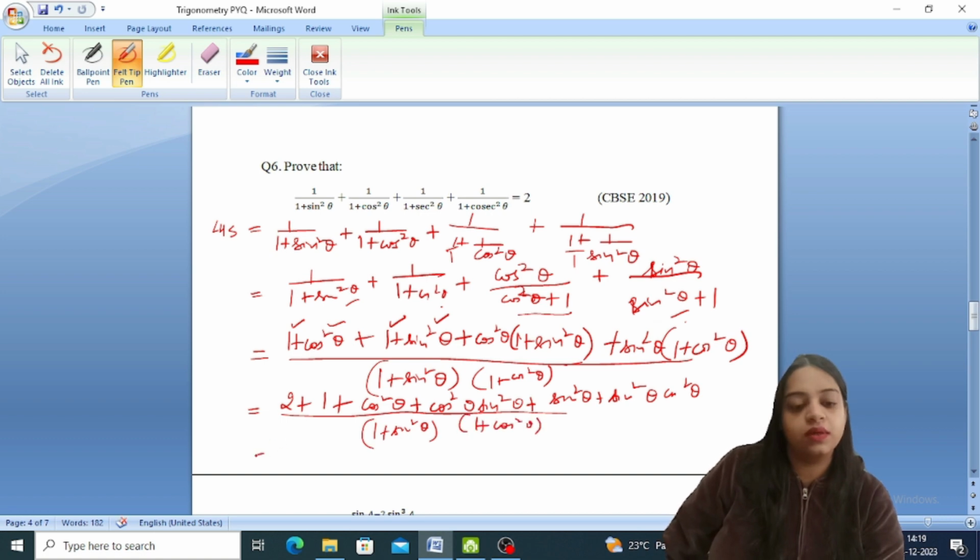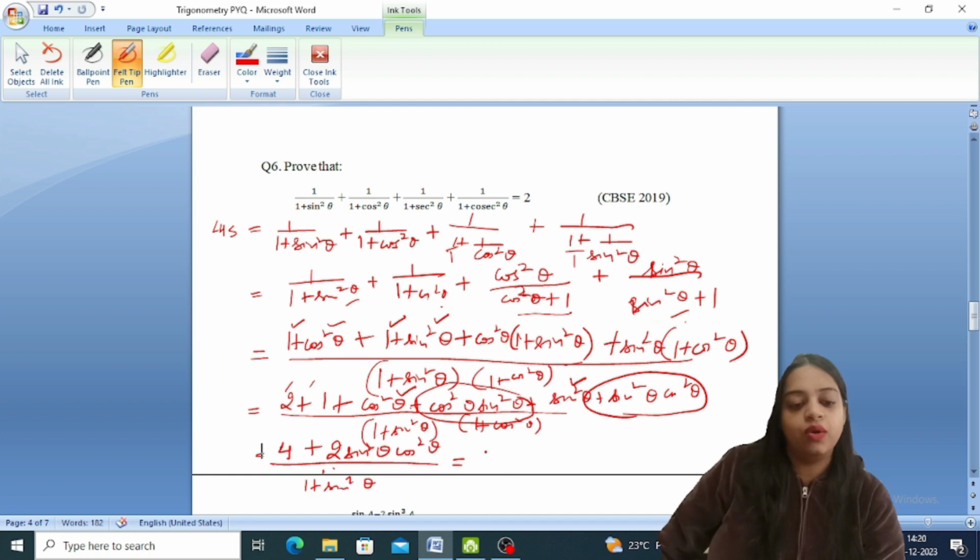This 2 plus 1 is 3, and cos square theta plus sin square theta is 1. So 2 plus 1, 3, plus this 1 of the identity gives you 4. Plus sin square theta cos square theta, here also it is there and here also it is there. So we can write it as 2 sin square theta cos square theta upon 1 plus sin square theta.